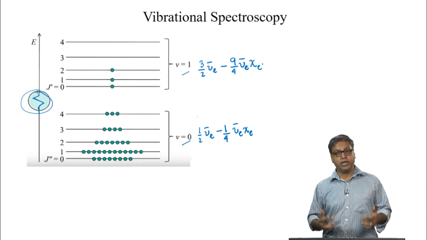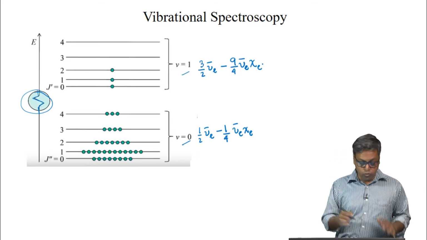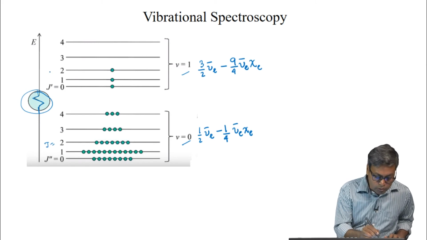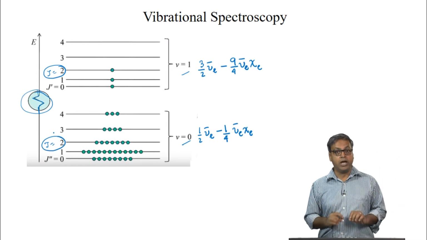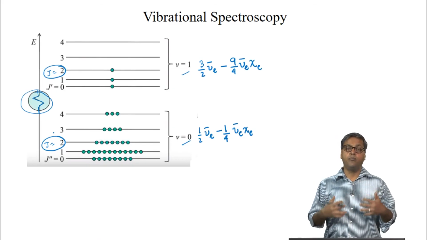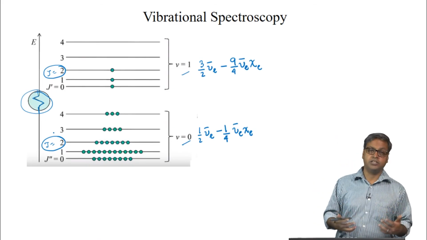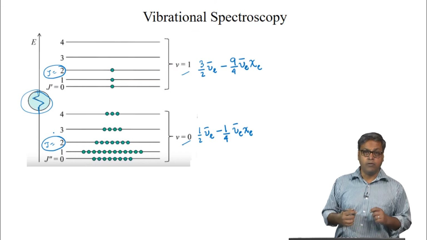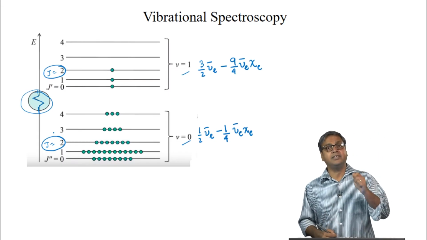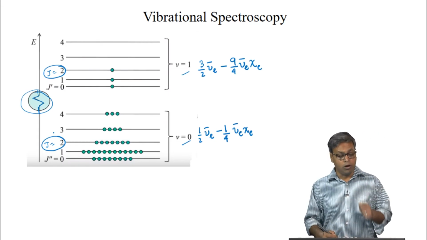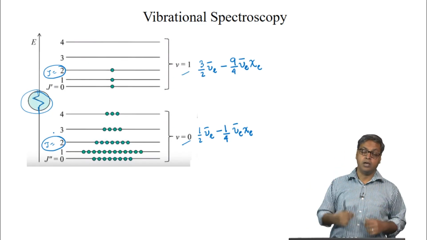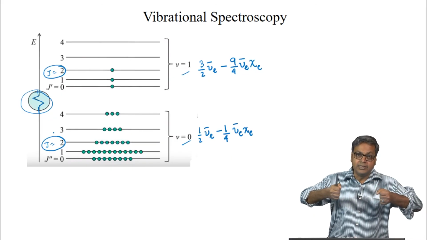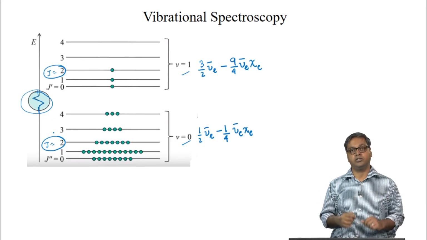Now, if we think about the two J equals 2 levels, of v equals 0 and v equals 1, they have more or less the same rotational energy. However, they do not have exactly the same rotational energy, because as we go from v equals 0 to v equals 1, the bond length slightly changes due to anharmonicity.